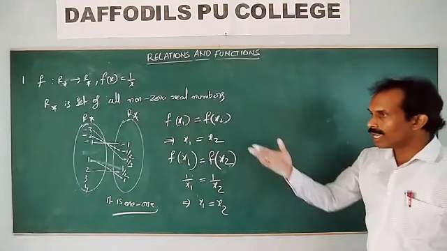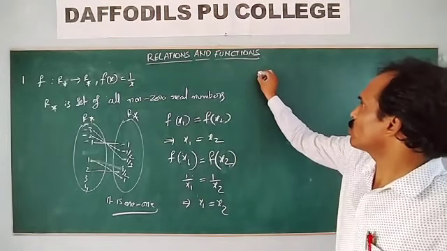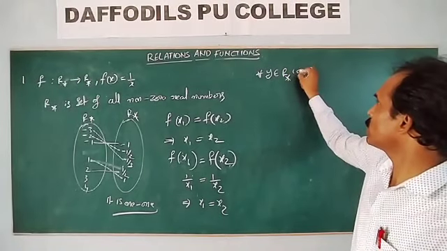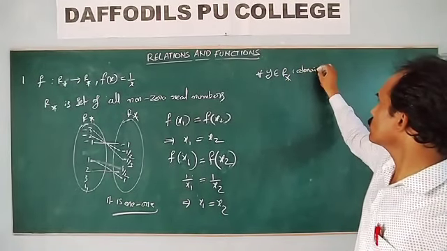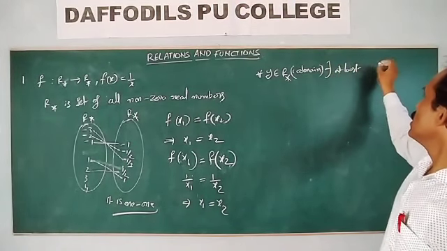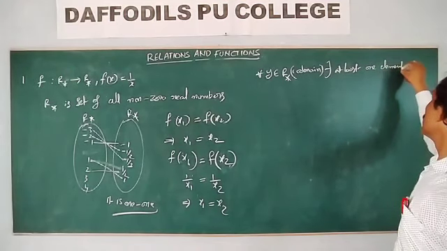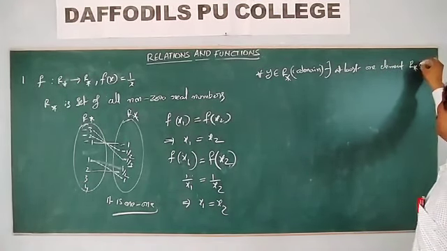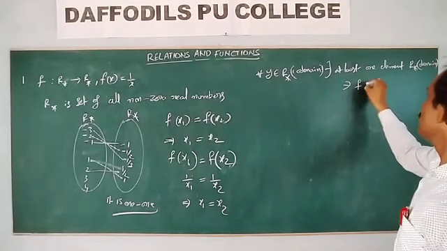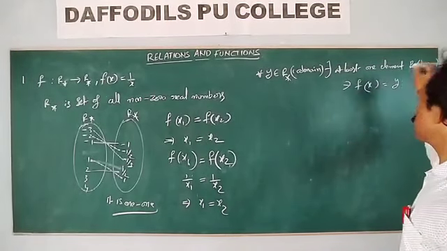Clear? So that is the onto function by the definition. For all y belongs to R star, this is the codomain, there exists at least one element x in R star, this is the domain, such that f of x is equal to y.